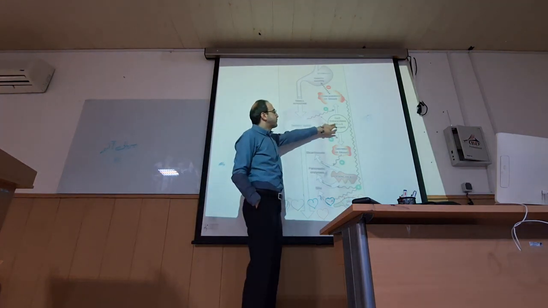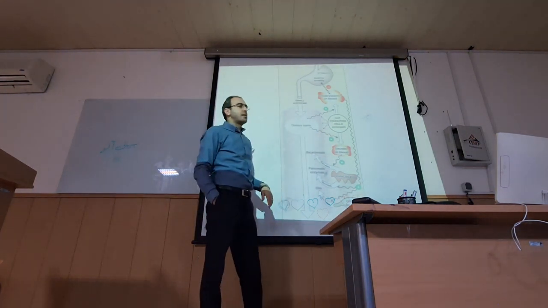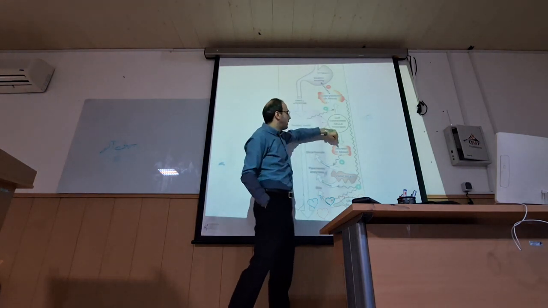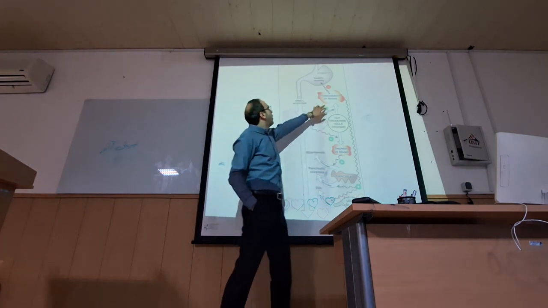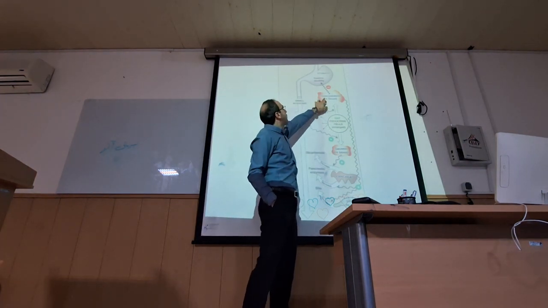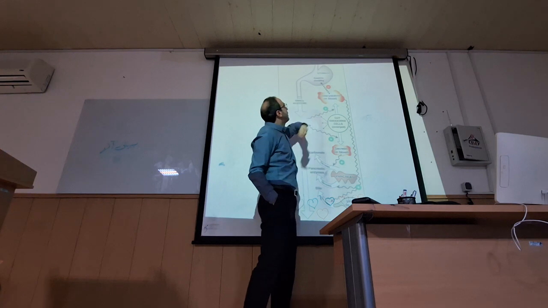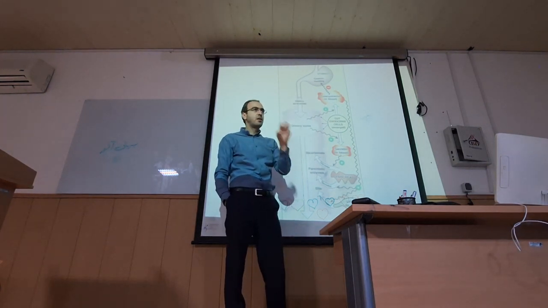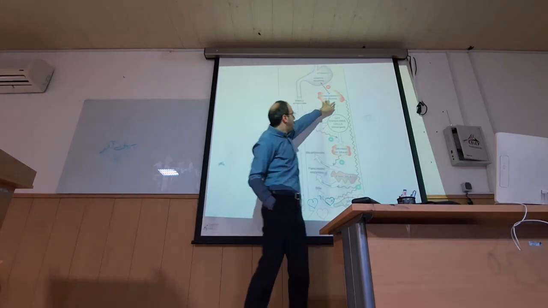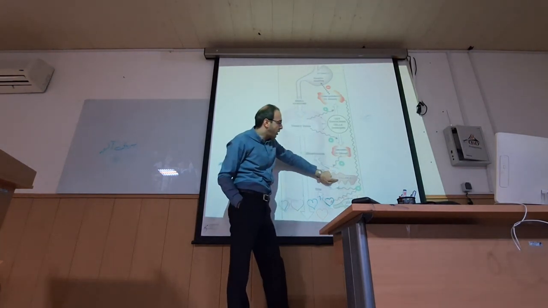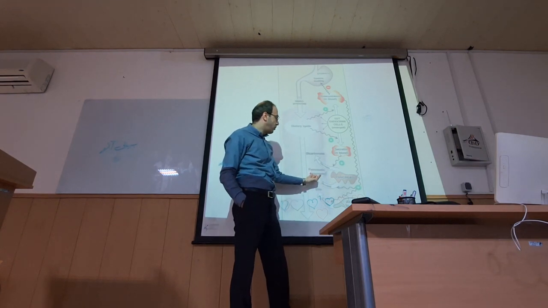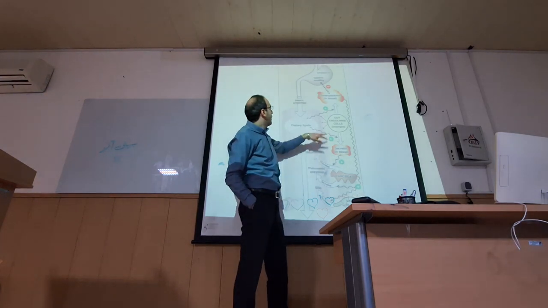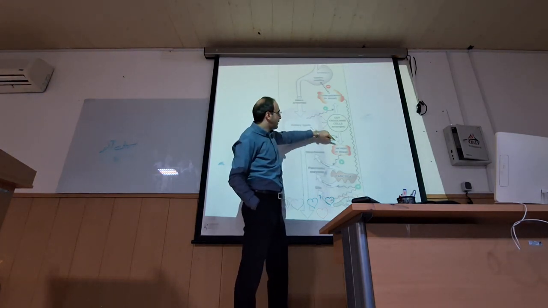Here you can see a gut endocrine cell or intestine cell can produce two hormones, cholecystokinin and secretin. Cholecystokinin has different functions. One of them is inhibiting gastric motility, to slow the gastric emptying. Then it has an effect on the pancreas to secrete pancreatic enzymes, and on the gallbladder.